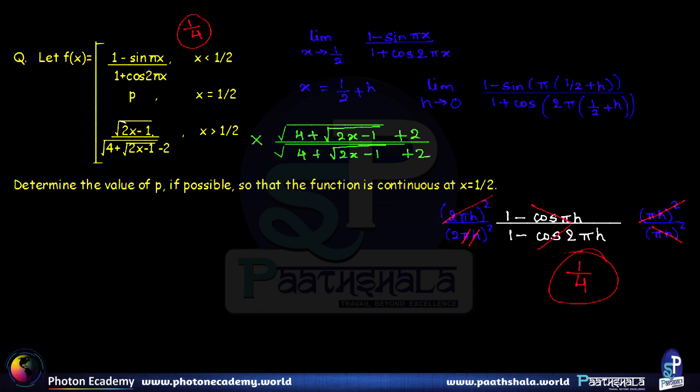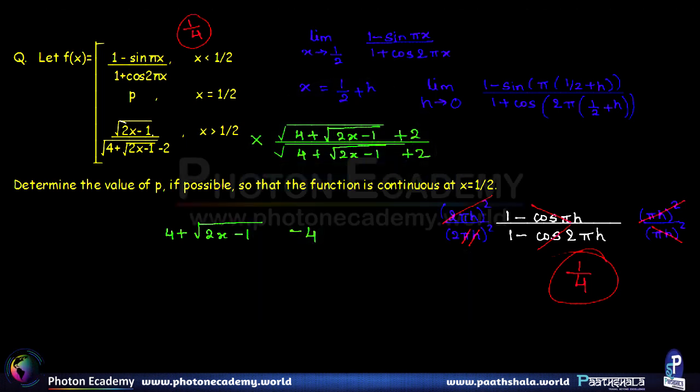Now you can clearly see that this will become 4 plus the term under root in the denominator, and then minus 4. So this 4 and this 4 will cancel out, and this will cancel out with this. Now basically we are left with just this term.